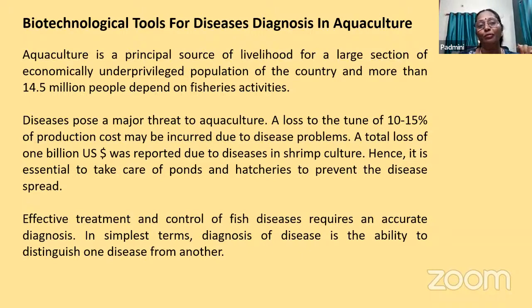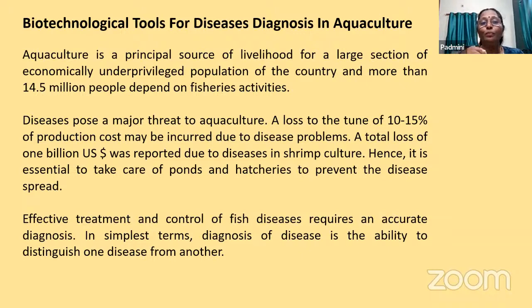More than 14.5 million people depend on fishery activities. So these people survive only on aquaculture. When they depend so much on aquaculture, we have to have some biological tools ready to diagnose what type of disease is affecting the fish. All this has to be done.